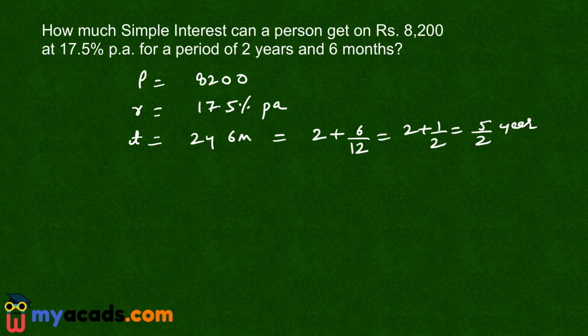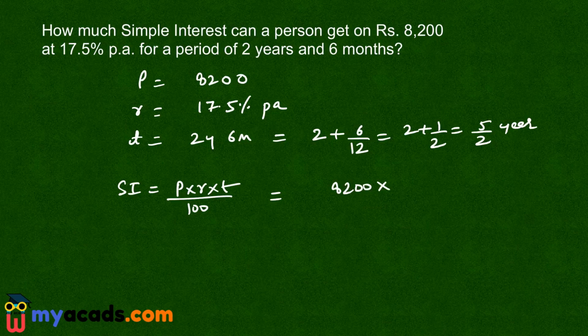Now the formula of simple interest is simple interest equals principal into rate into time period upon 100. So here the principal is 8200. The rate of interest is 17.5%. The time period is 5 by 2 upon 100. This 100 will cancel with this 100.